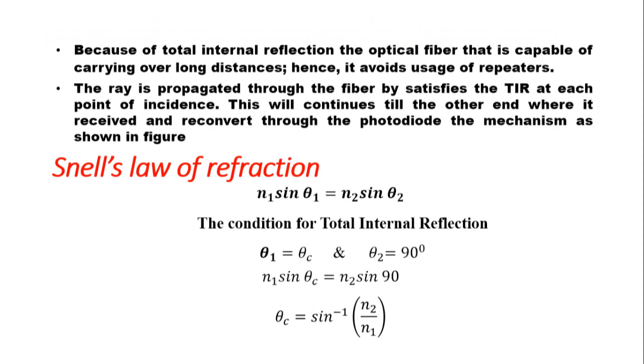Then what is the definition of the critical angle? The critical angle is the angle at which the refracted ray just grazes through the interface. This type of mechanism takes place whenever it undergoes a critical angle.